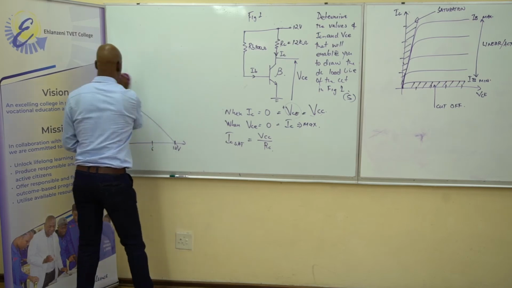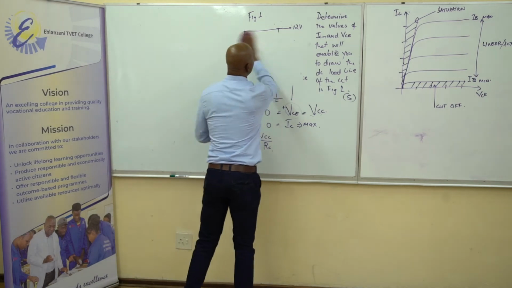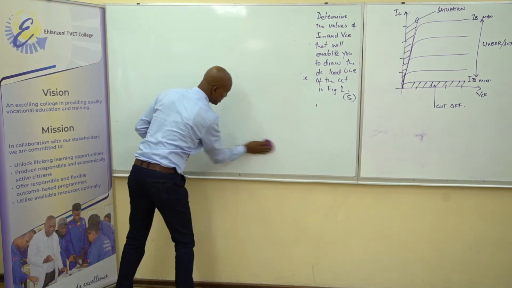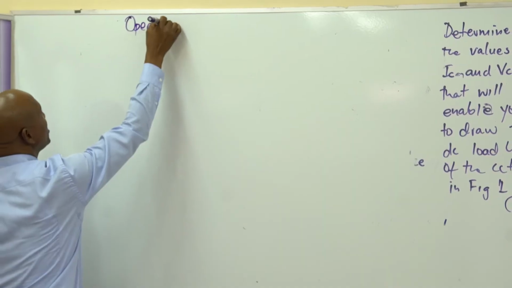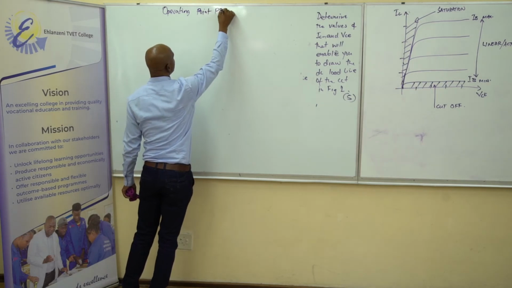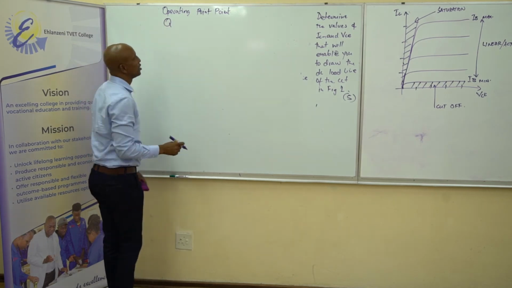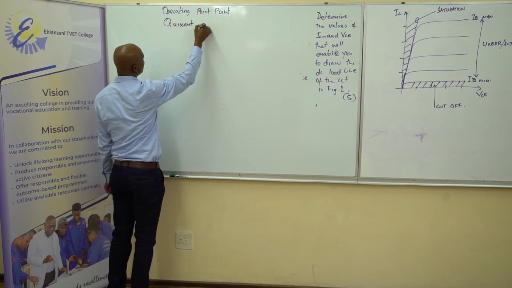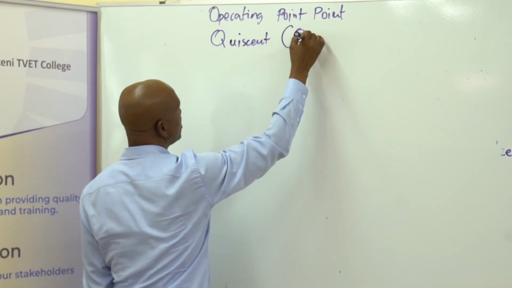So, another important point is what we call the operating point of a transistor. It is denoted by Q. Q for quiescent, sleeping. They normally say sleeping. So we normally call it Q.